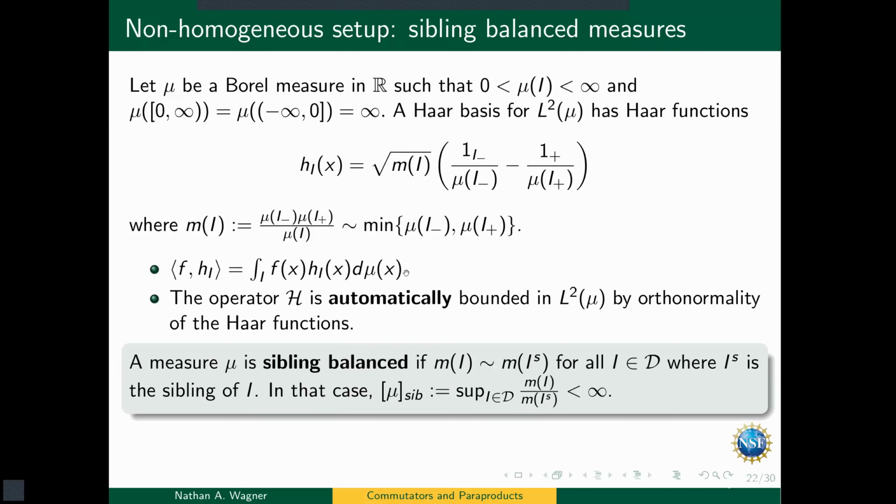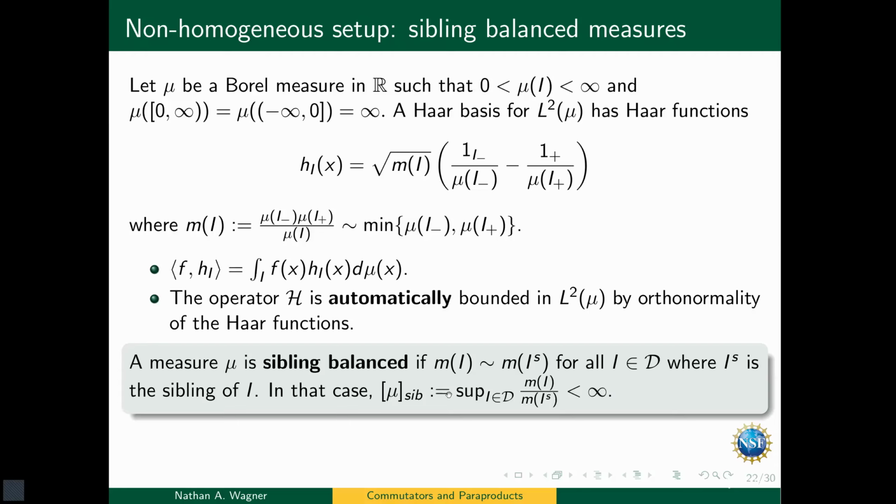And it turns out that the condition for this operator to be bounded in LP mu is this sibling balance condition, which is something strictly weaker than dyadic doubling. And it says that m of I is comparable to m of I^S for all dyadic intervals I. And recall that I^S is the dyadic sibling of I.